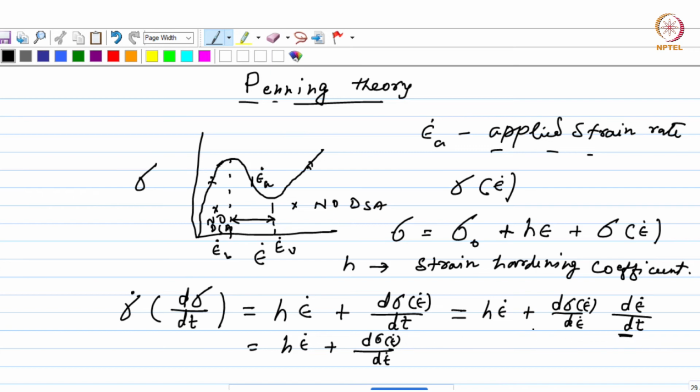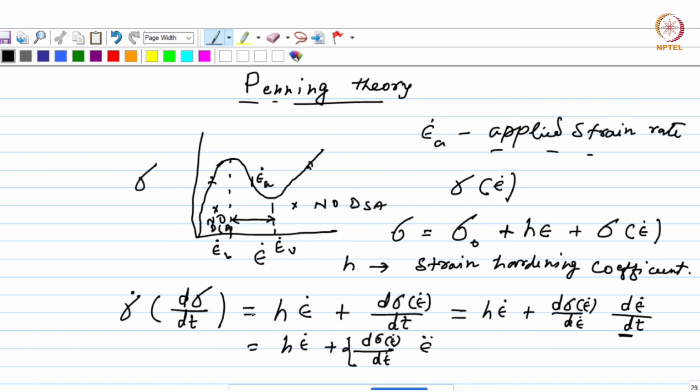So this is nothing but epsilon double dot, right? Derivative of epsilon dot. And this component that you see over here, d sigma by d epsilon dot, that is nothing but the strain rate hardening.